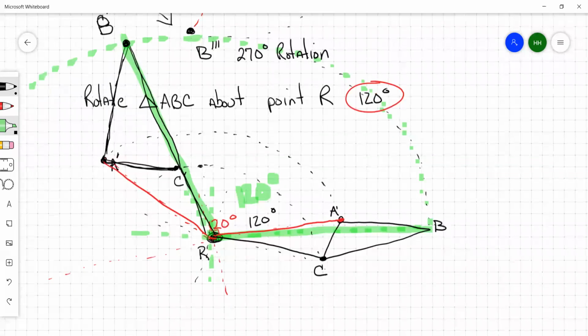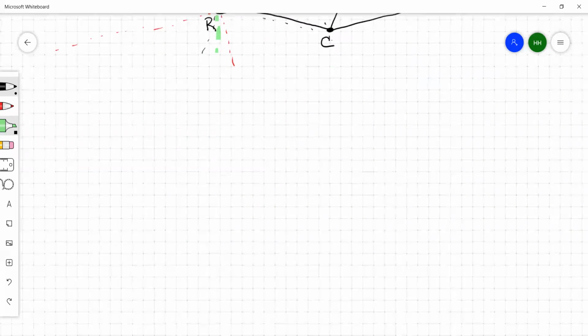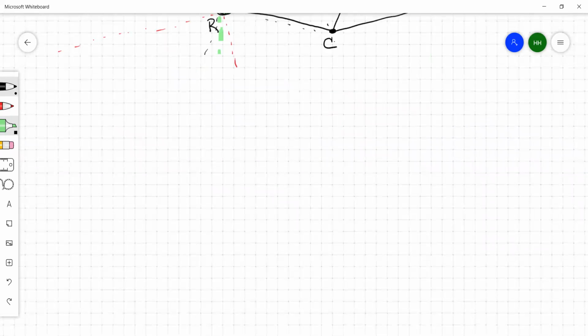All right, next we're going to talk about rotations in the coordinate plane. And this is nice because there are some rules.